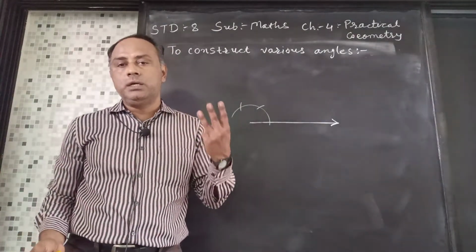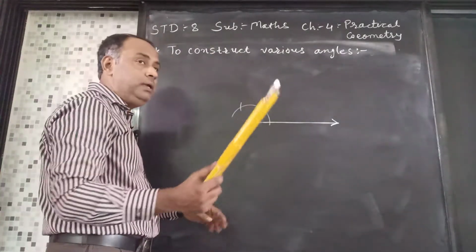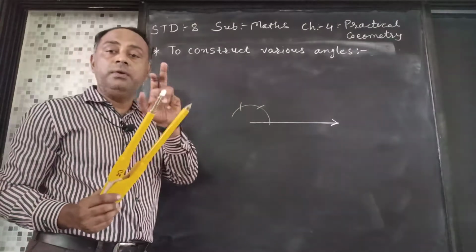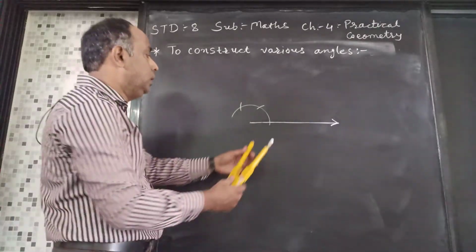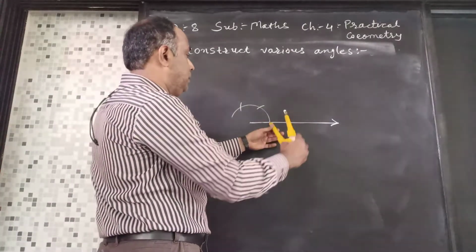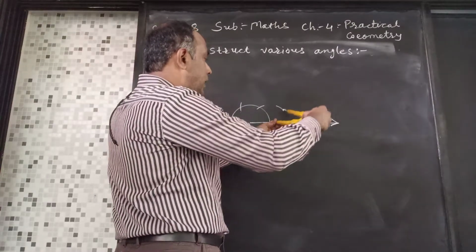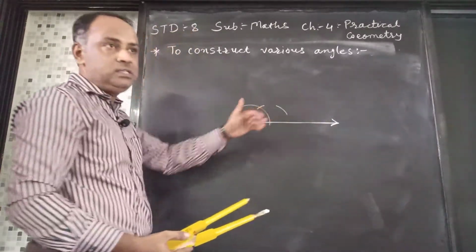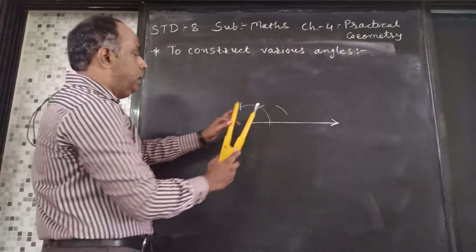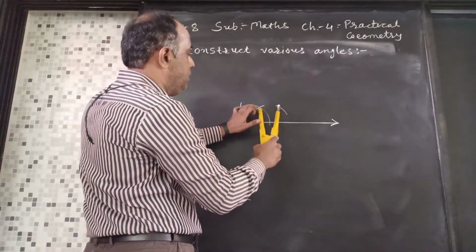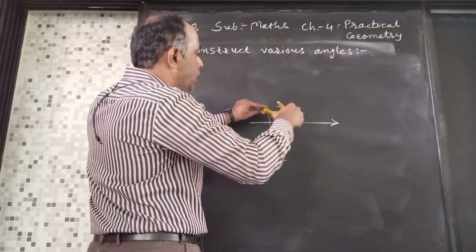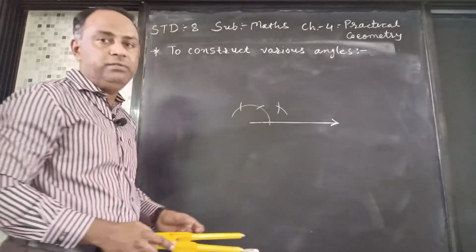It will be 30. So there you see I'll be maintaining the same radius as I said previously. So at 0 degree I am keeping it and just cutting an arc over here in this part. Okay, and from 60 I'll be intersecting the previously given arc.